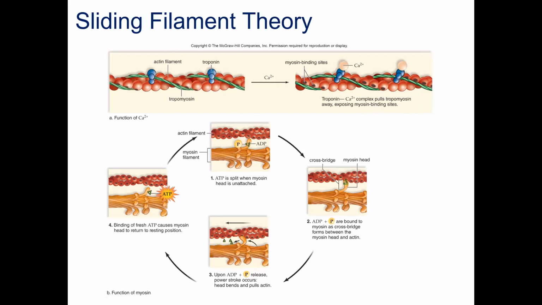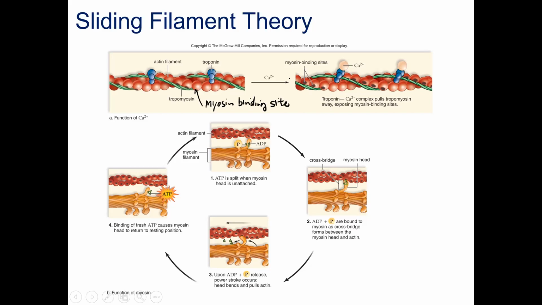units. Okay, and what happens is on the individual subunits, there is a binding site. So these little black stuff that is kind of hiding, that's the myosin binding site.